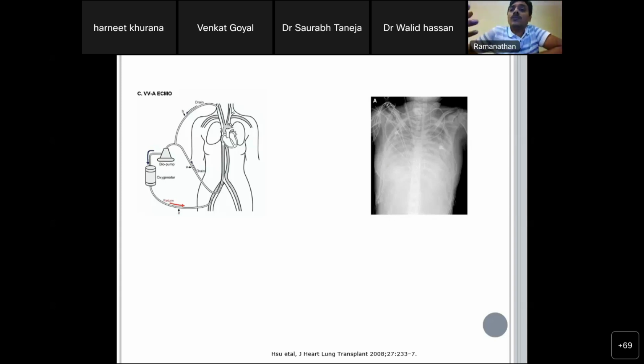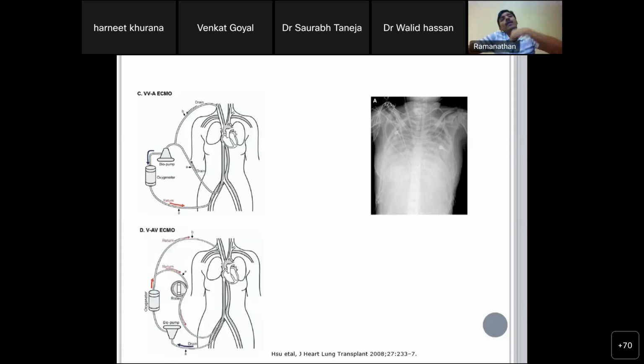However, to facilitate better venous drainage, and since they had cannulas both in the SVC and the IVC, they proceeded to keep this patient on VVA ECMO. So essentially, this was how they overcame that primary hemodynamic instability in the immediate postoperative period.